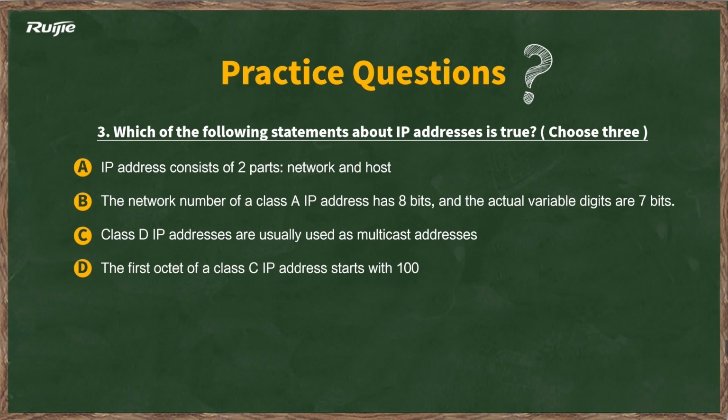Option C, Class D IP addresses are usually used as multicast addresses. Option D, the first octet of the Class C IP address starts with 100. Please choose the true answers.